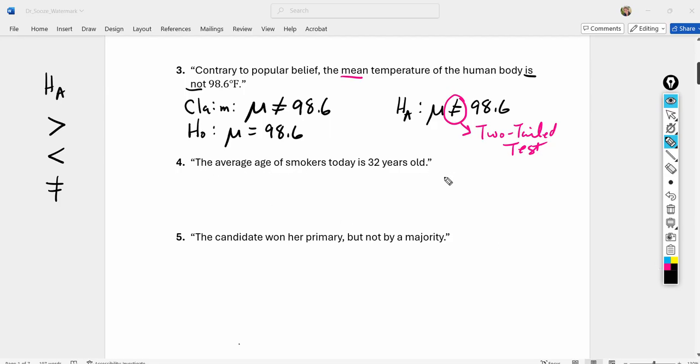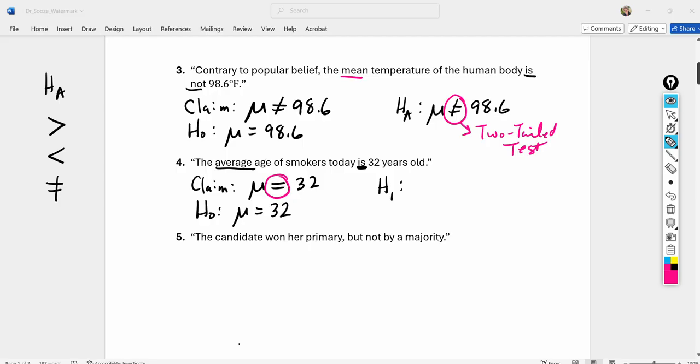Let's go to number 4. The average age of smokers today is 32 years old. So again, we're talking about a mean, even though they've used the word average. So the average age equals 32. The null hypothesis is always the original claim written with an equal sign, so there was nothing to change here. The alternative hypothesis, well, the symbol here in the original claim is not one of the ones that's allowed.